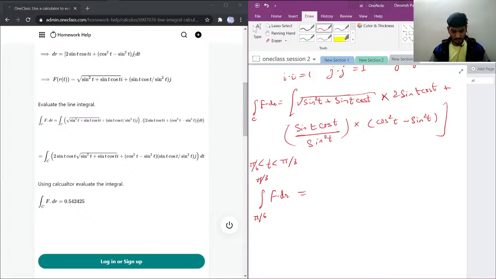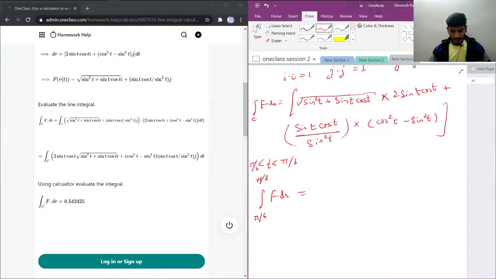multiplied by 2 into sine x into cosine of x.